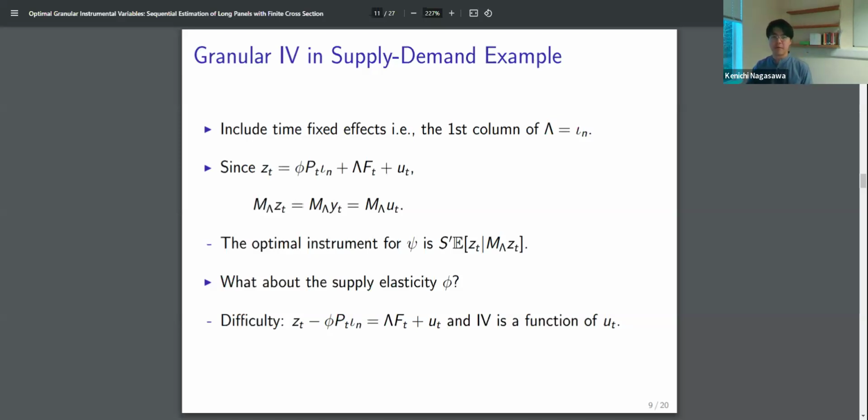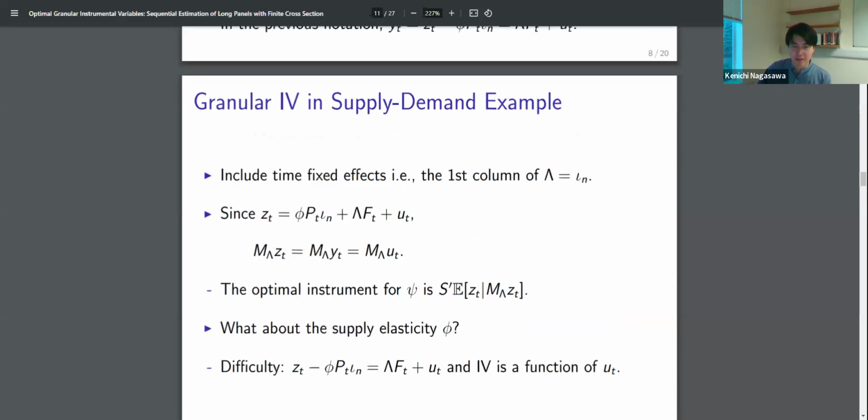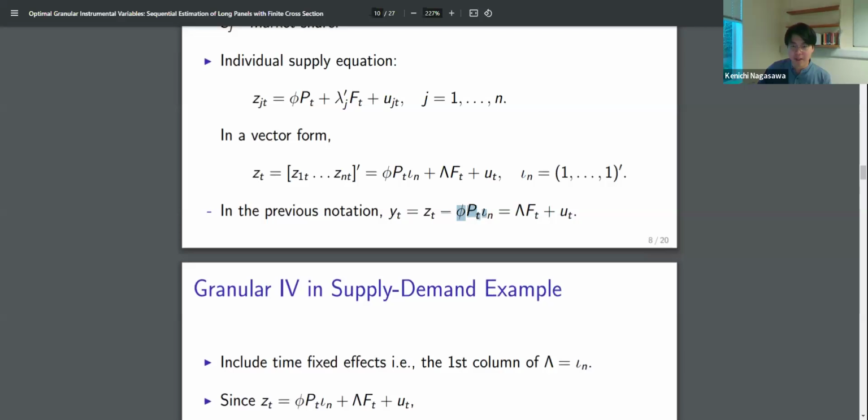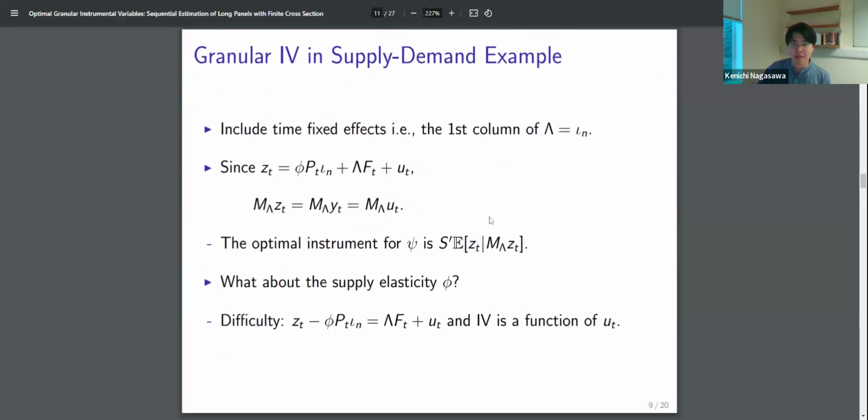So having included time effects, when you project out the disaggregated variables onto the orthogonal complement of the span of lambda, M_lambda Z_t equals M_lambda Y_t, because this first part of the Y_t will be removed by projecting onto the orthogonal complement of lambda. So even though the setup in this case is slightly different from what I talked about in the previous part, when it comes to the construction of the granular IV, the difference doesn't matter.